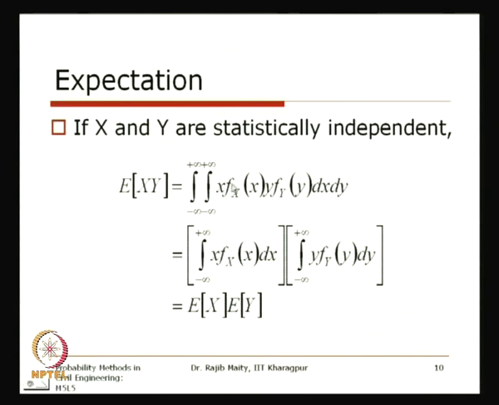Now, we can separate out this integration, because this part is entirely for the variable x and this is entirely for the variable y. We do the integrations separately, and you know that this is nothing but the expectation of X and this is nothing but the expectation of Y. So, if they are statistically independent, expectation of XY equals expectation of X multiplied by expectation of Y.